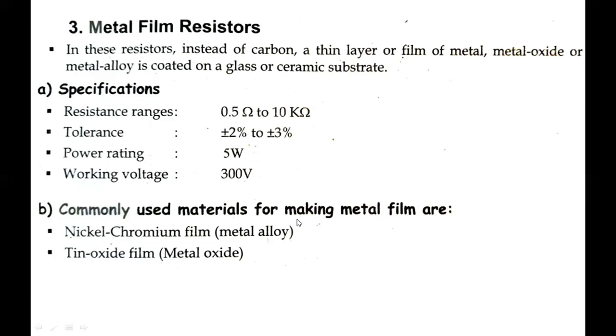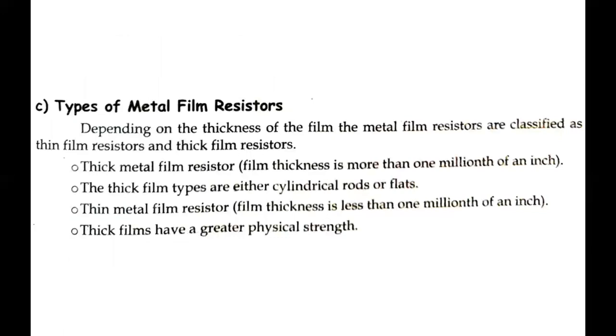Commonly used materials for making metal film are nickel chromium film, that is metal alloy, and tin oxide film, metal oxide. Depending on thickness of the film, the metal film resistors are classified as thick film resistor, that is film thickness is more than 1 millionth of an inch.